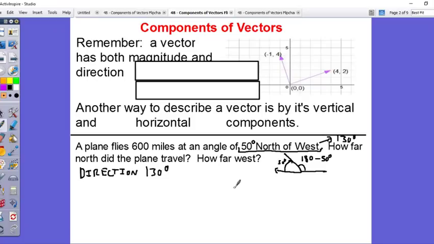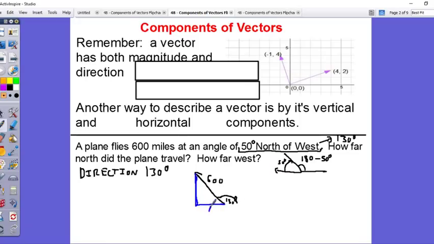So now let's find our vector. Our angle is 130 degrees, and our magnitude is 600. So we need to find the vertical and horizontal components. So we have a horizontal component and a vertical component.